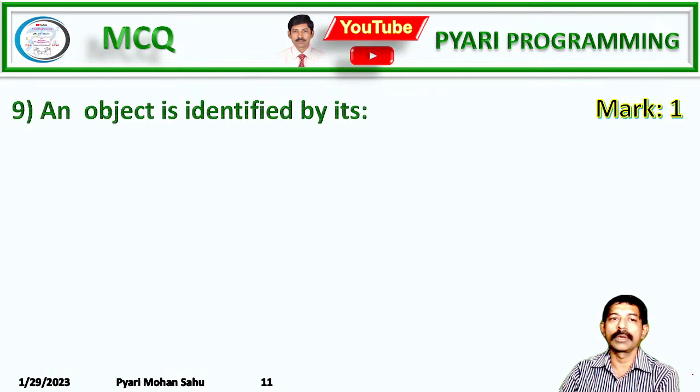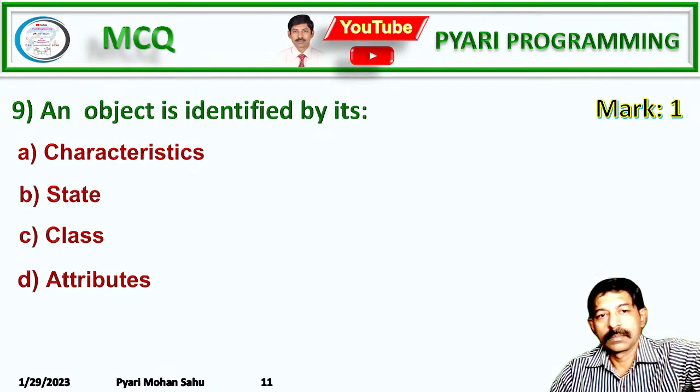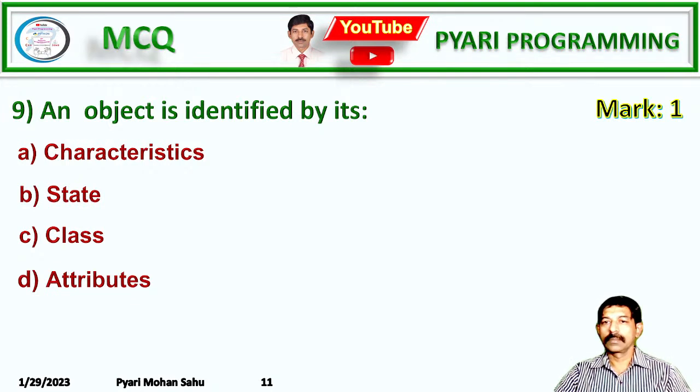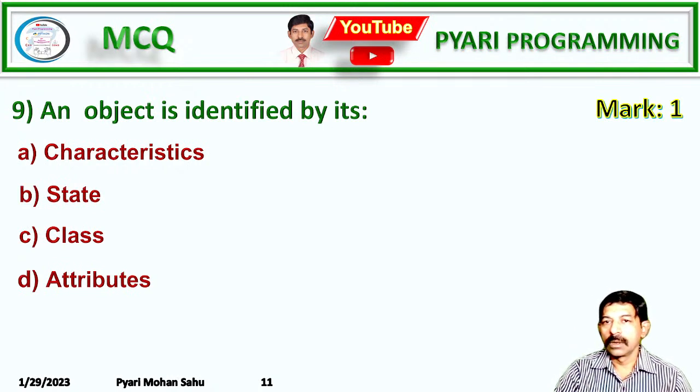Okay, next question. An object is identified by its what? एक ऑब्जेक्ट को आप कैसे आइडेंटिफाई करोगे? 9C class. 9C class. 9D Rajesh Kumar said D, attribute.